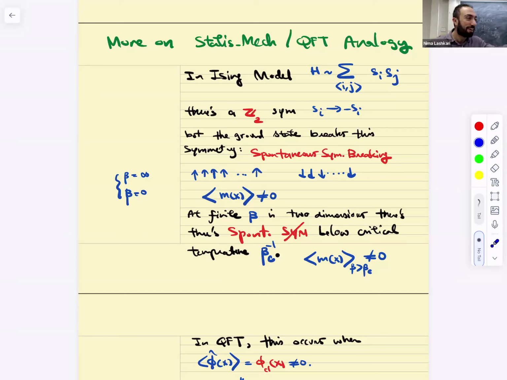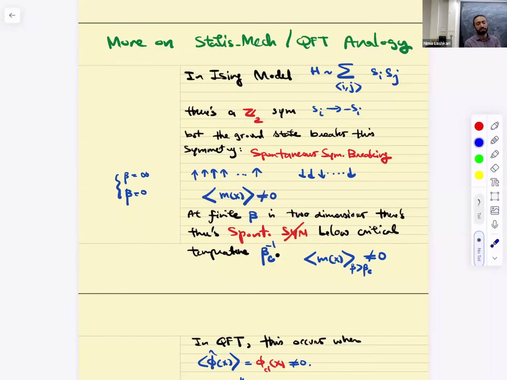Right, okay, so I'll stop bugging you. All right, so that's what it is. Now, what we built on was this connection, the analogy between StatMech and QFT. Our discussion of QFT so far has been limited to cases where the 1-point functions of phi are 0.